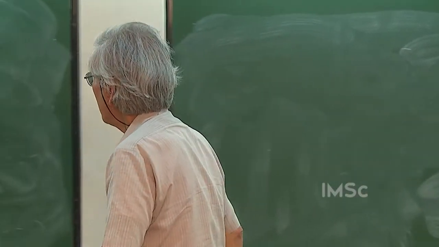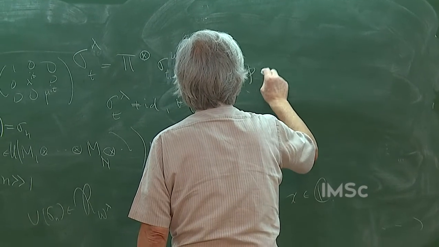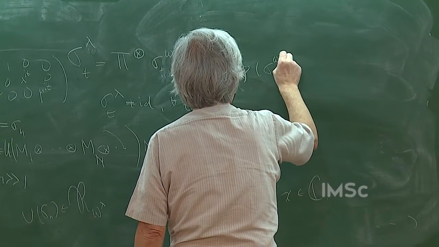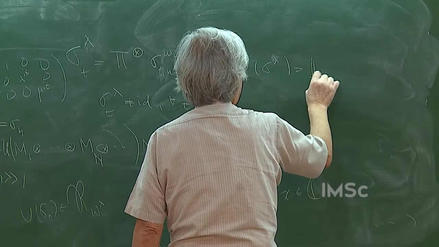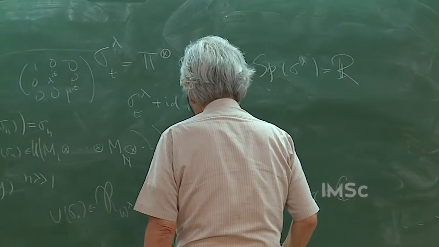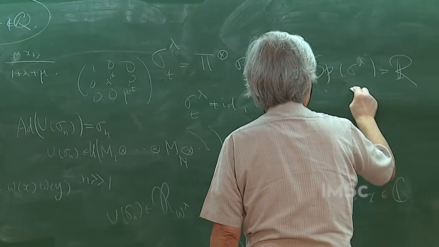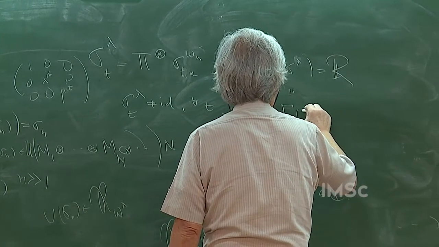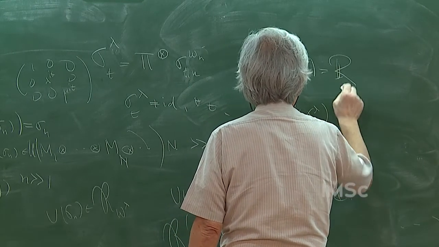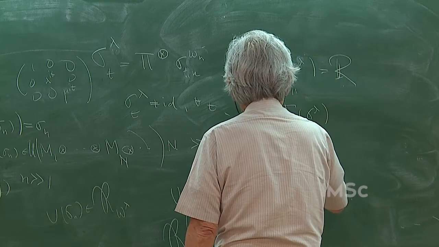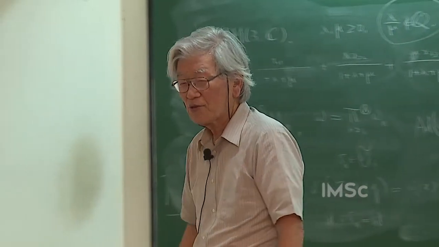The spectrum of sigma omega lambda, I write, is the whole real line. And this tells you at the same time, which is the same as gamma of sigma lambda, that it is R. So this one is type III_1. This is a III_1.